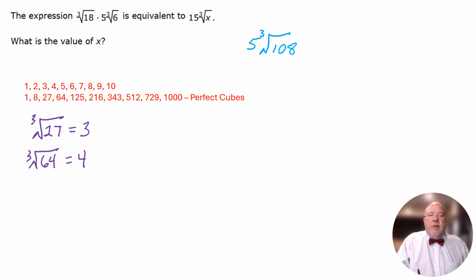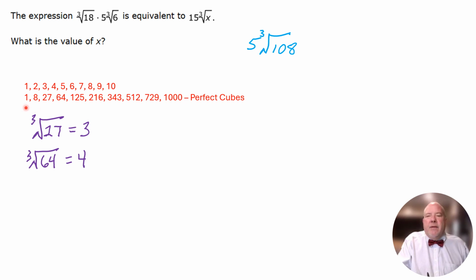And so now I'm going to go back to what I was saying before, and look at the 108. Well, notice I need to have a 15 out here. That tells me that there is a perfect cube in here. This has a factor that's a perfect cube. So the way to find that, if you can't do it in your head, is just take this number and start dividing it by perfect cubes.